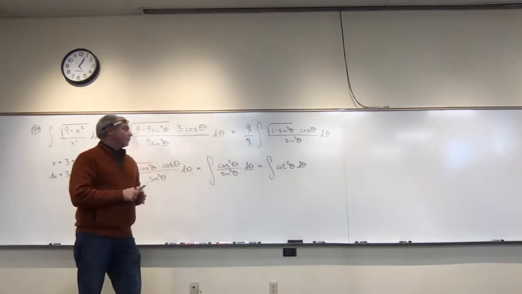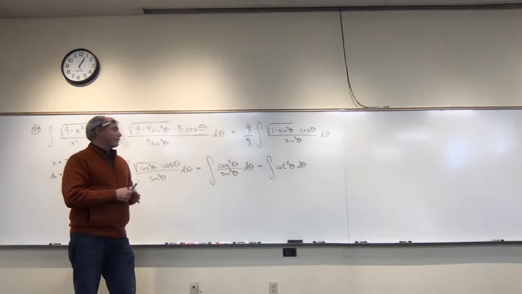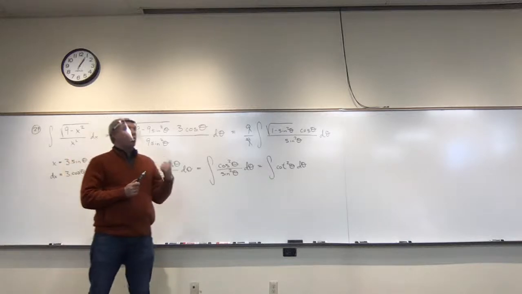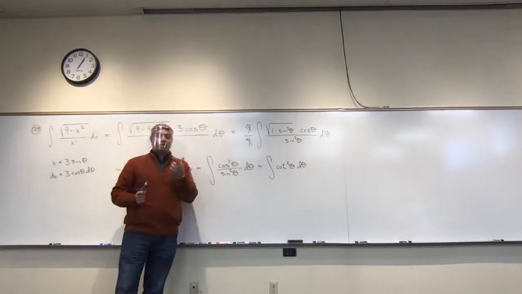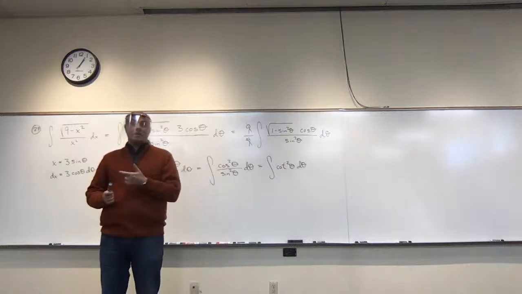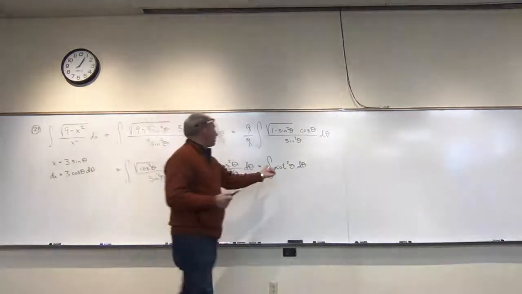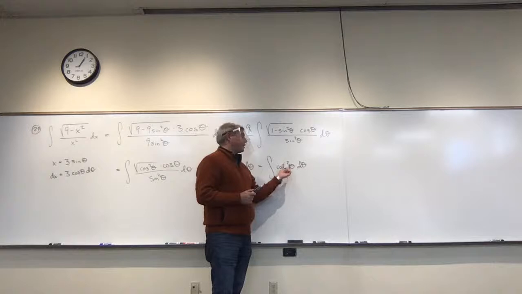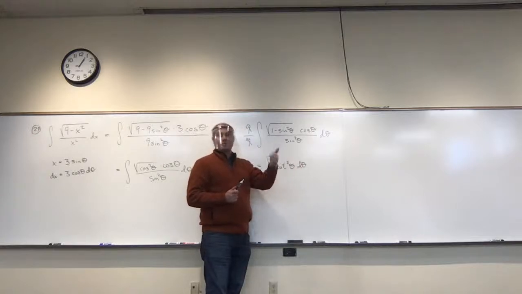Anybody? Or do we need to do some work first? We may need to do some work first, right? Because we know that 1 plus cotangent squared of theta is cosecant squared of theta. So cotangent squared of theta is cosecant squared theta minus 1.